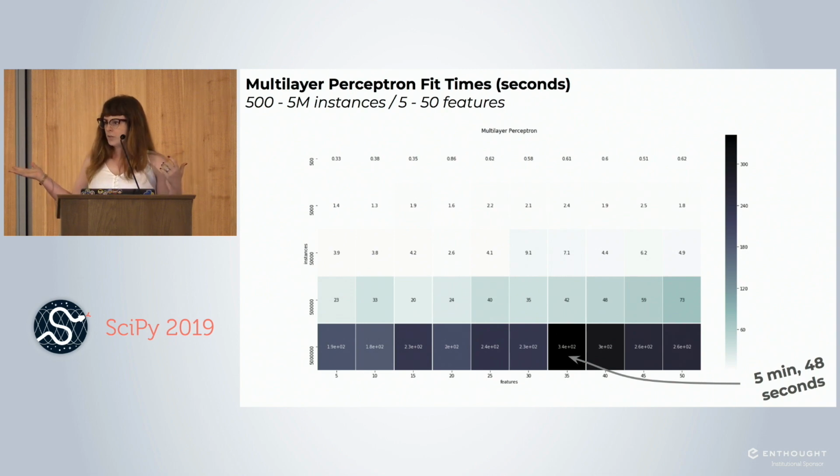But just to illustrate, with a multi-layer perceptron model, it's slower. For 5 million instances and 50 features, we're now closer to the 5 or 6 minute space. Still, from what you've heard about deep learning and how it takes weeks and months to train these models, 5 minutes seems like, I could do that, right?